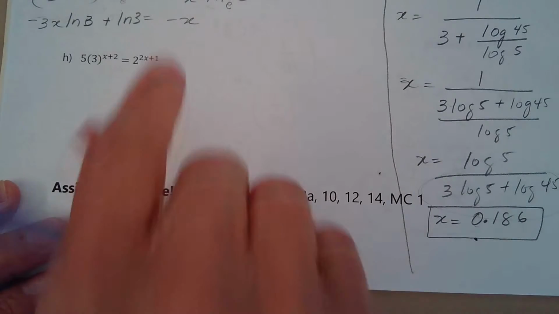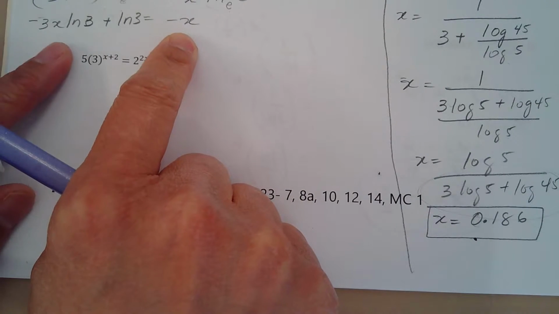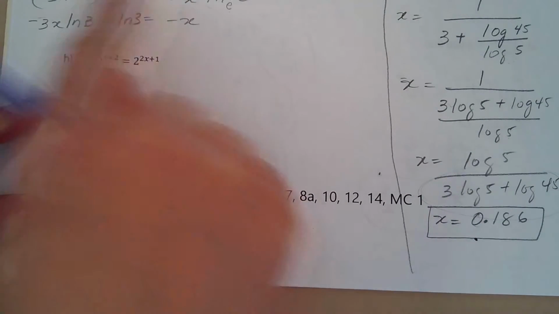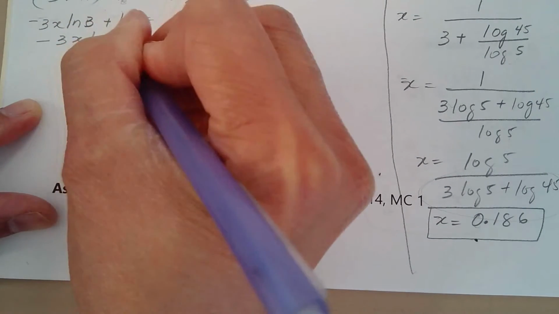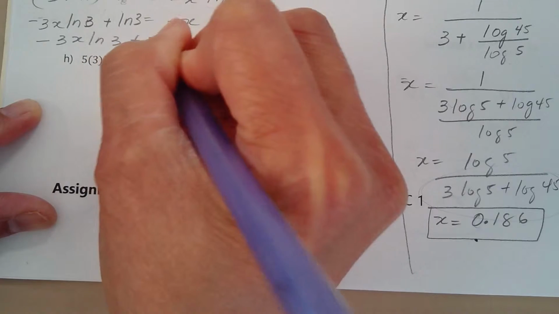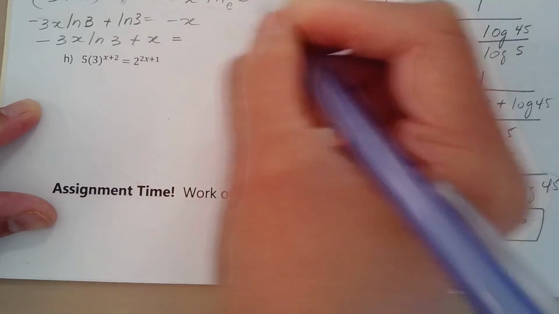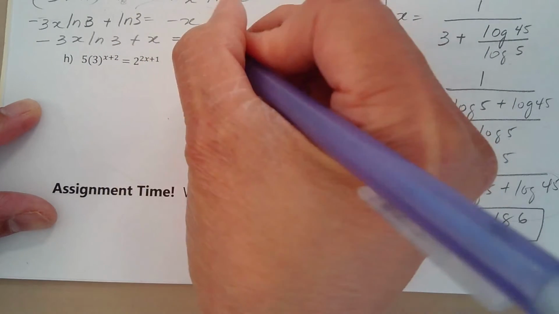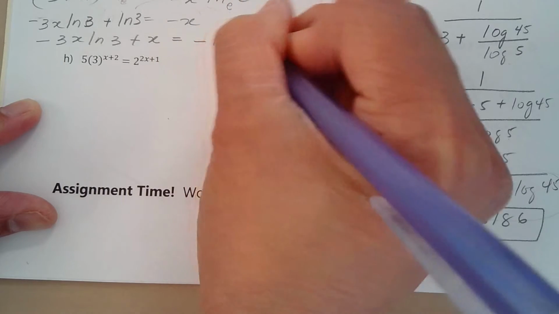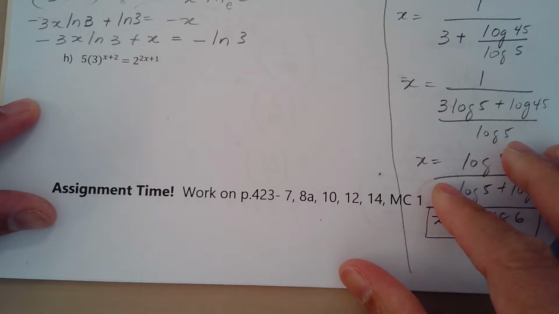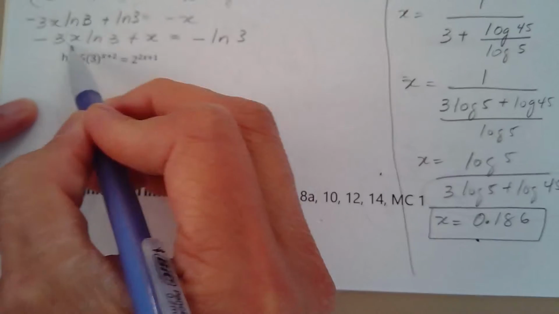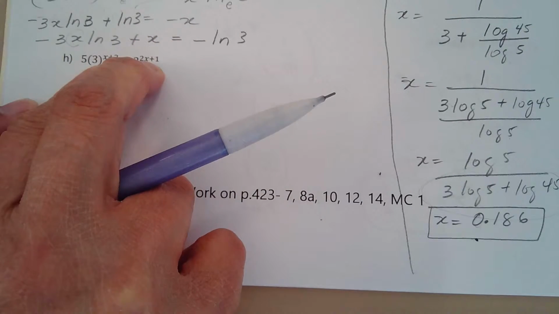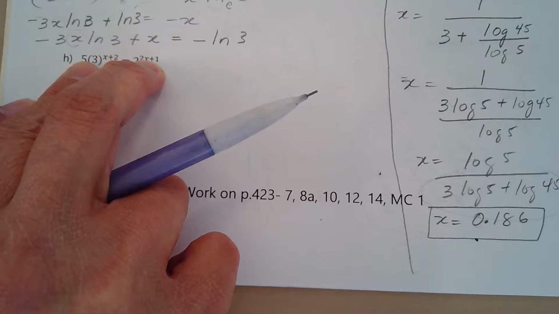Okay, so we got x values, x is on each side. We're going to bring this to the other side. That becomes negative 3x natural log of 3 plus x equals, we can bring this to the other side, negative natural log of 3. Now, how can we isolate these two? We can't even combine these two because they're not the same term.